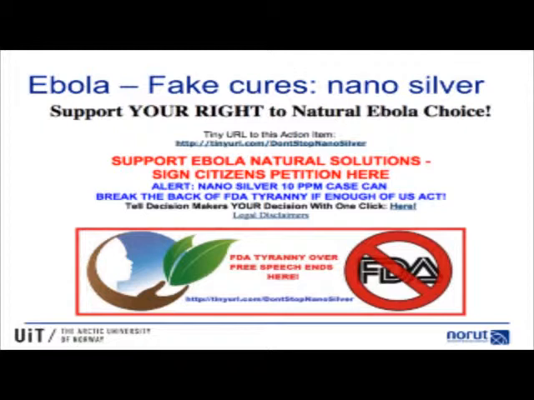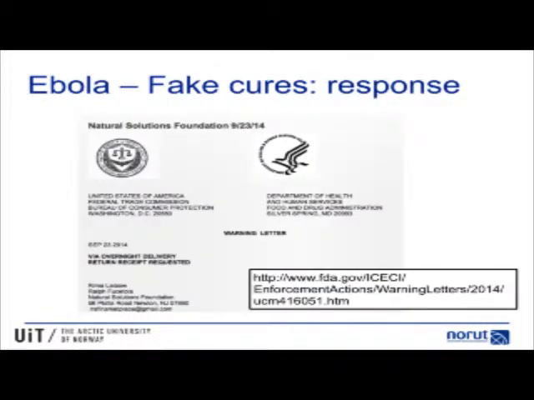Then the FDA tried to stop it, and now there is a campaign against the FDA and in favor of natural cures for Ebola, and they are making a lot of money on that. They are using social media, making videos and everything. However, in this slide you can see what you will find from the FDA in the US that is trying to stop it. The only thing you will find is a warning letter.